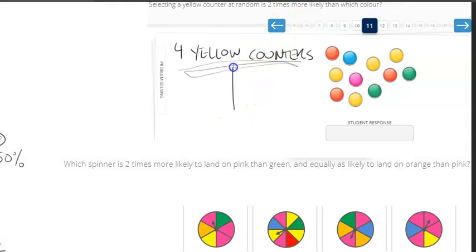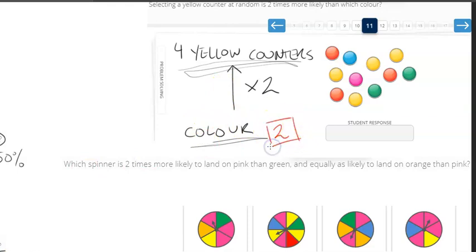So that's saying that if I select a certain color, selecting a yellow color is 2 times more likely to happen. And if there are 4 yellow colors all up, this would mean that the color that I have to choose, there has to be 2 of them. There has to be 2, and that's the only number that works.